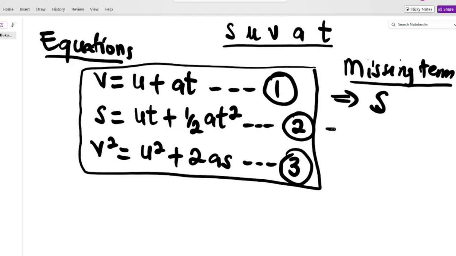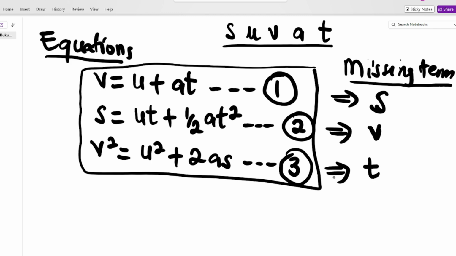What about the second one? What do you think is missing in the second one? Final velocity. Yeah, so V is missing. And then the third one, time, yeah, time is missing.